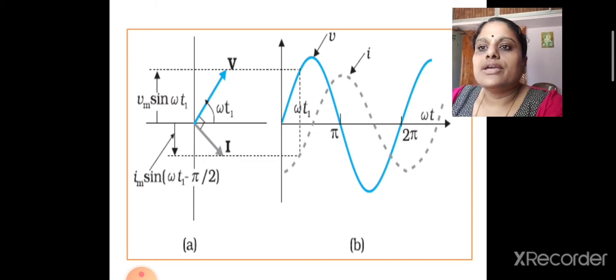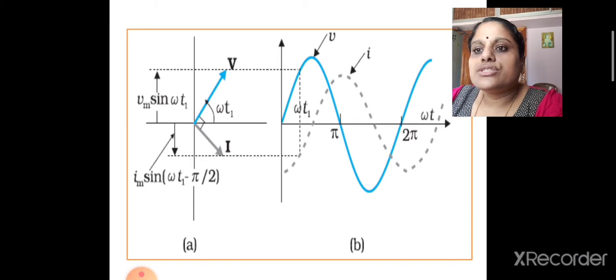These are the phasor diagram and graphical representation of an AC applied to an inductor. In the case of figure A, which is a phasor diagram, we have to draw the current lagging behind the applied voltage by a phase difference of 90 degrees.